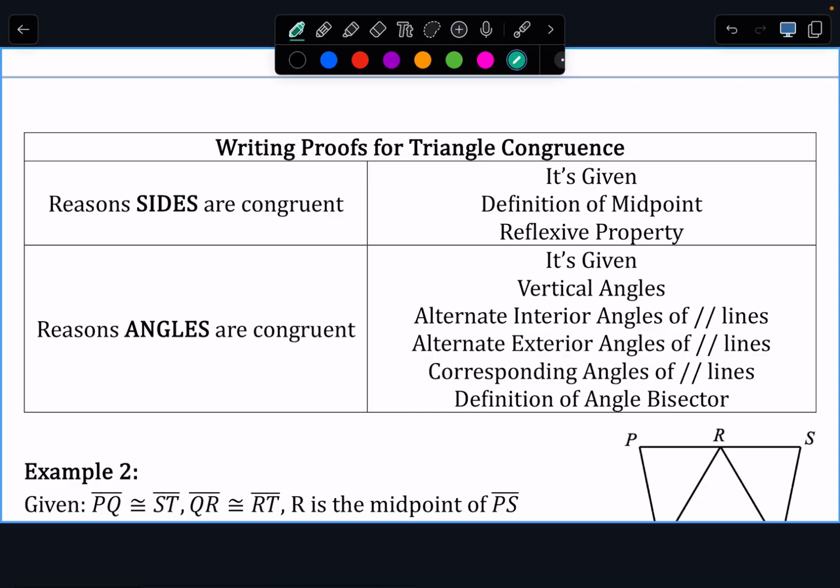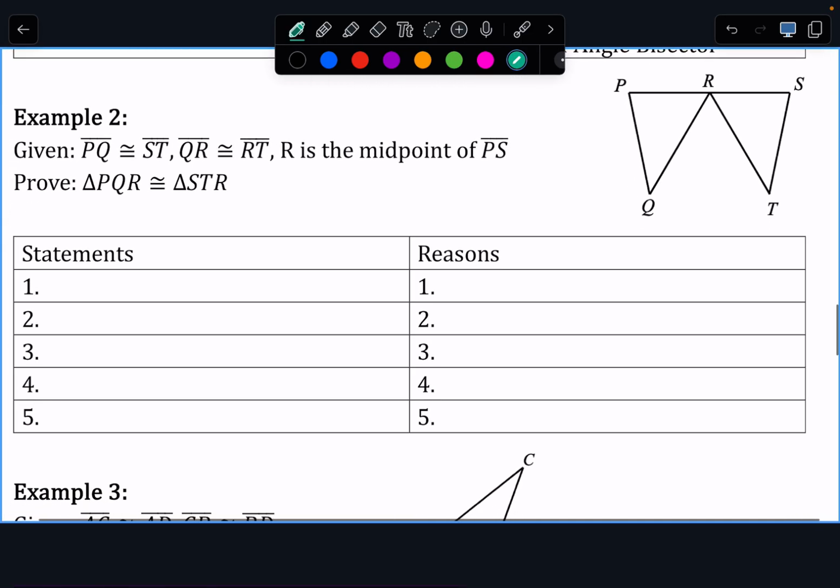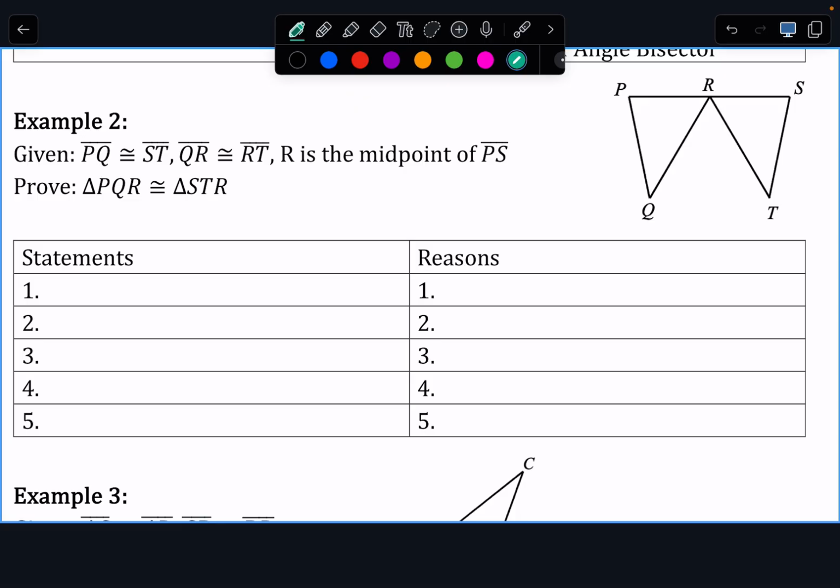Because we're going to look at the picture, we're going to make decisions. For angles, if they're not given as congruent, we have vertical angles. We can use parallel lines with alternate interior, alternate exterior, or corresponding angles, or we can use the definition of a bisector. So let's look at this first proof right here.